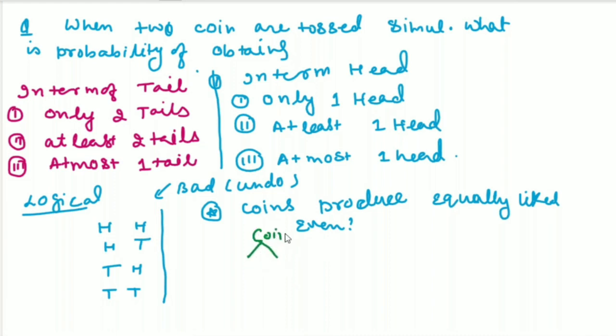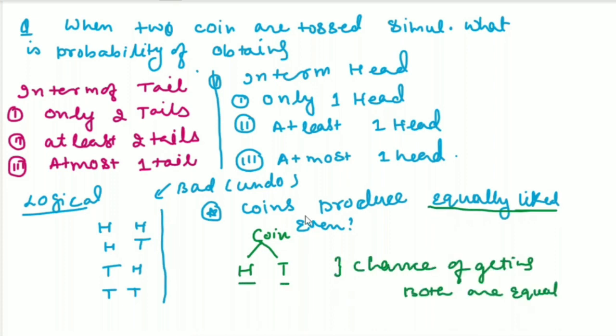I hope everyone knows that a coin will produce head as well as tail. So whatever answer you get in terms of head, if I replace this word by tail, the answer will remain the same. Let me go to the next part of the story.